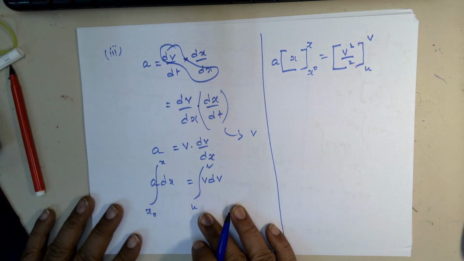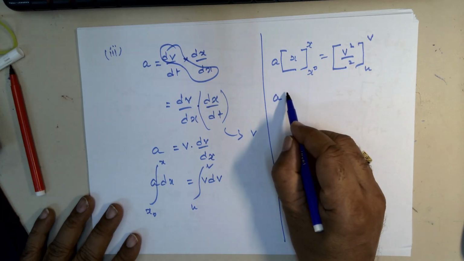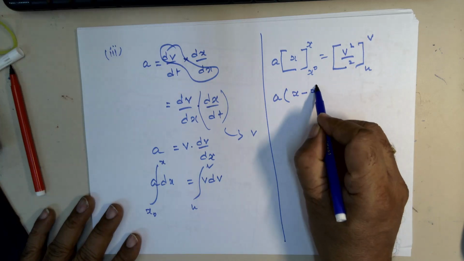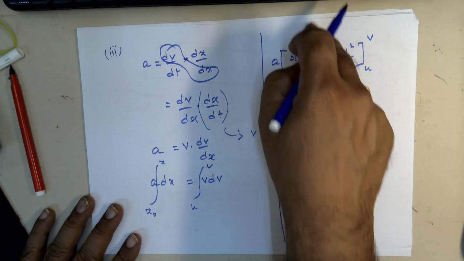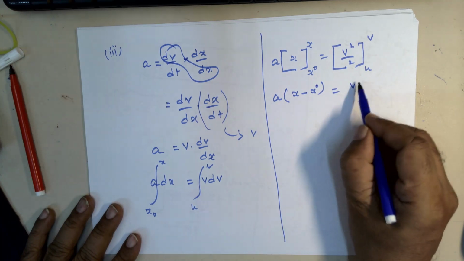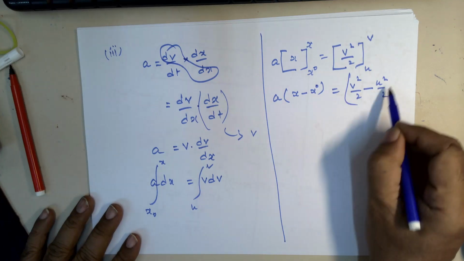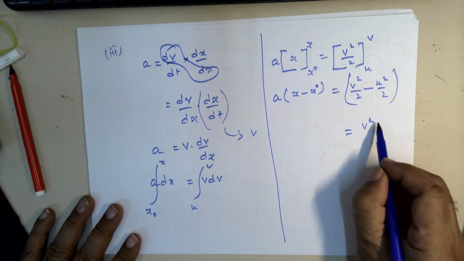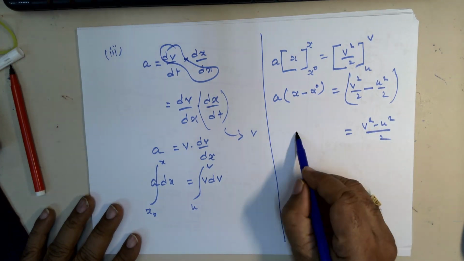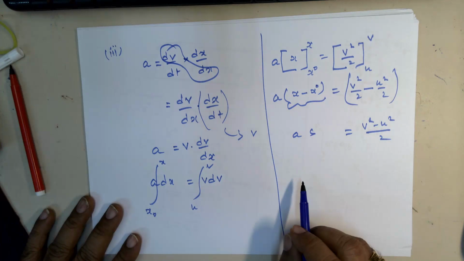Are you following? Right. So a into x minus x0, the left hand side, final minus initial, is equal to a v squared divided by 2 minus u squared divided by 2. So let us take the LCM: v squared minus u squared, whole divided by 2.